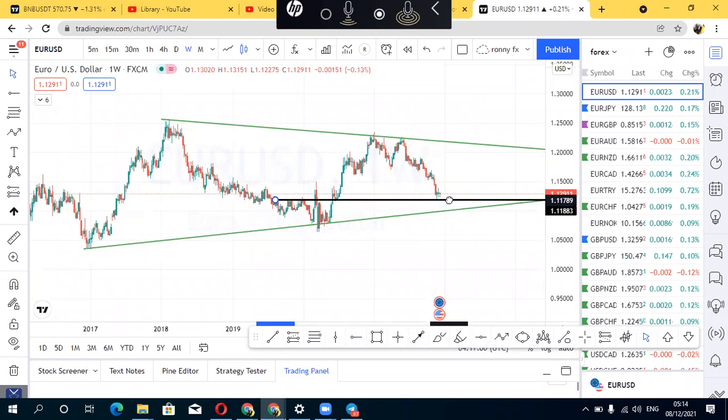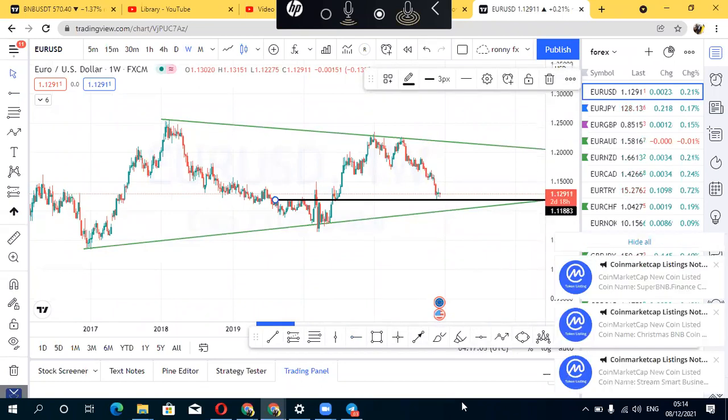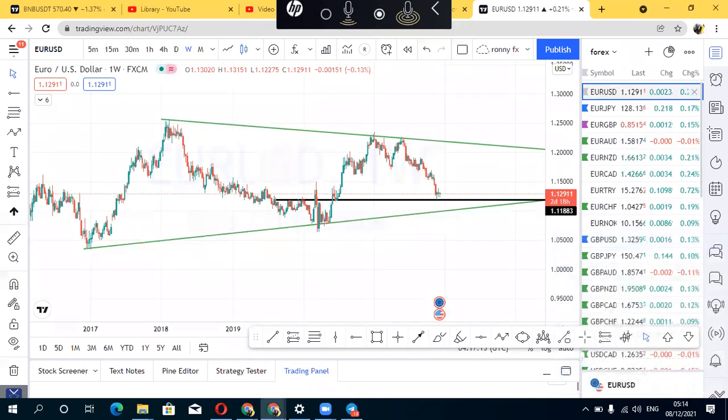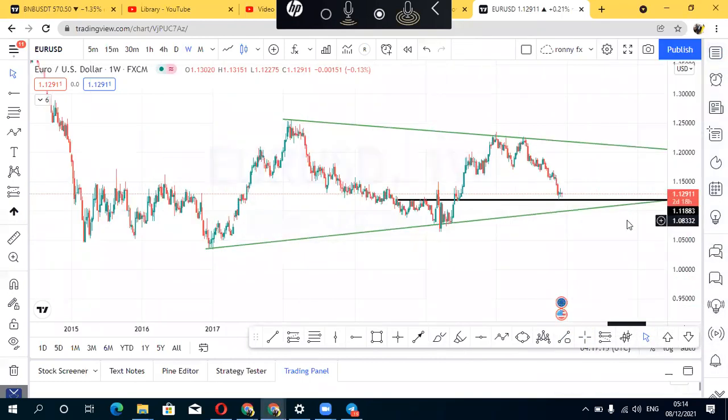Even though there is a support zone there, I think that there is another support zone which is better than where price is. Because remember, every bank and every financial institution wants to buy a market as low as possible and sell the market as high as possible.